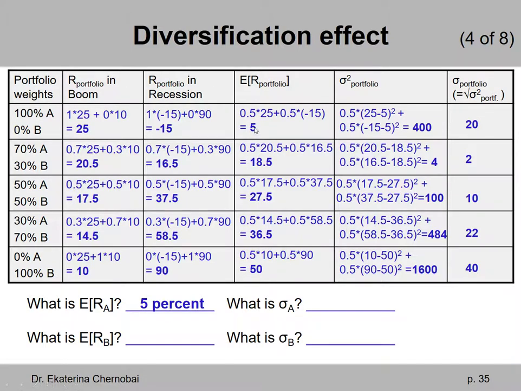So that's 5%. What's the expected return on stock B? That's 50%, the portfolio with just B in it. Expected return on the portfolio. What are the two standard deviations for A and B? First row is just A, so we have 20%. Last row is just B, we have 40%.